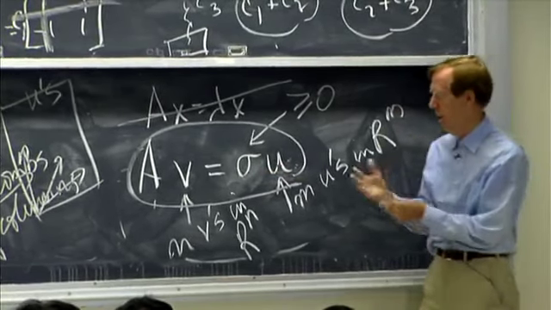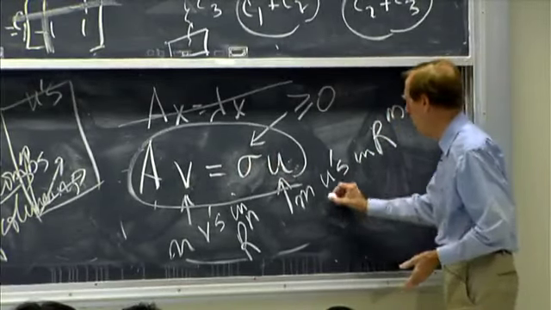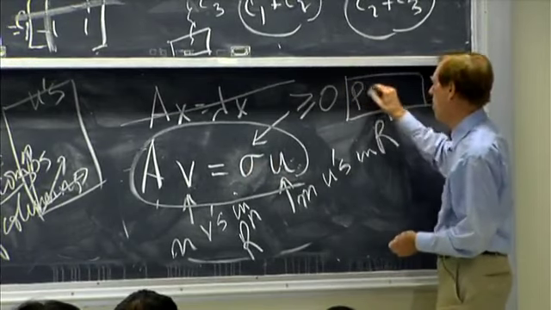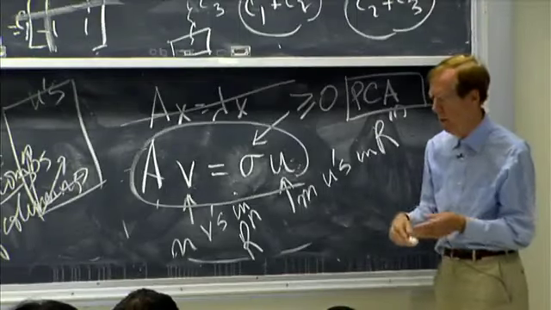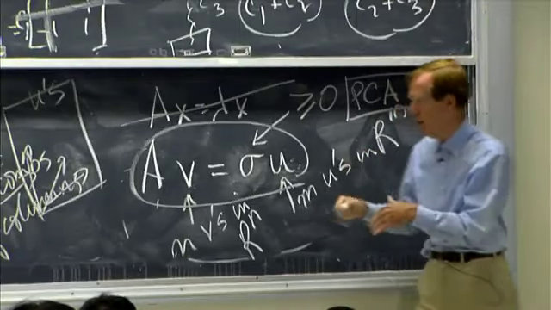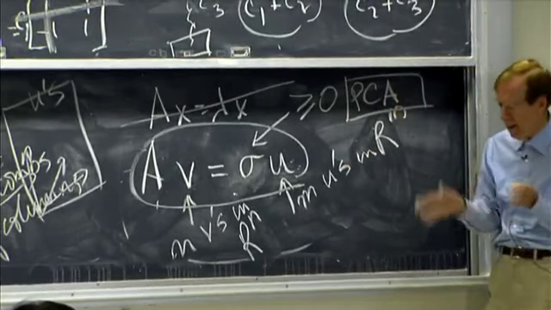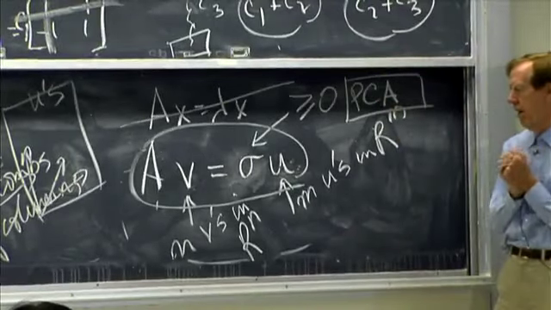One name it goes under is principal component analysis. That's a standard tool for statisticians looking at giant amounts of data, to find the principal components, and those will come from these eigenvectors.